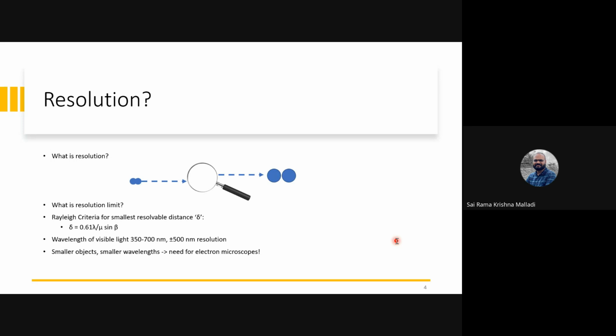So the bottom line is the thought process of developing the so-called electron microscopes is, if you want to achieve better and smaller wavelengths, you start using a different kind of radiation. If you look at the entire electromagnetic spectrum, you can think of using X-rays, neutrons, or gamma radiation, but there is a reason why we use electrons.